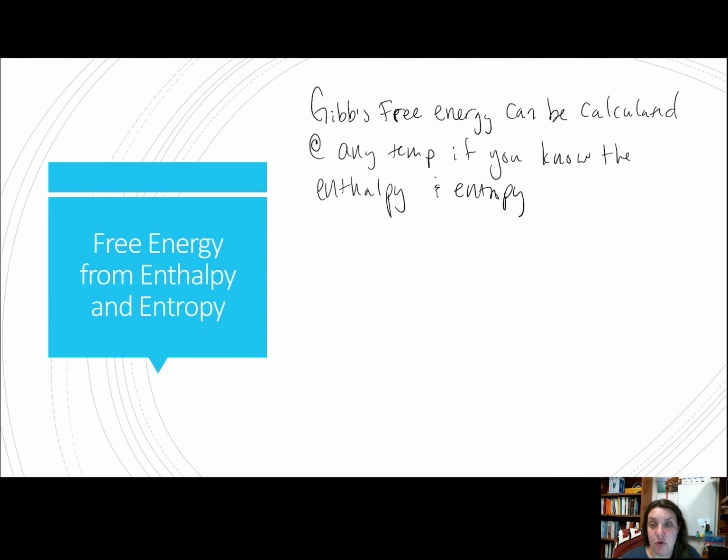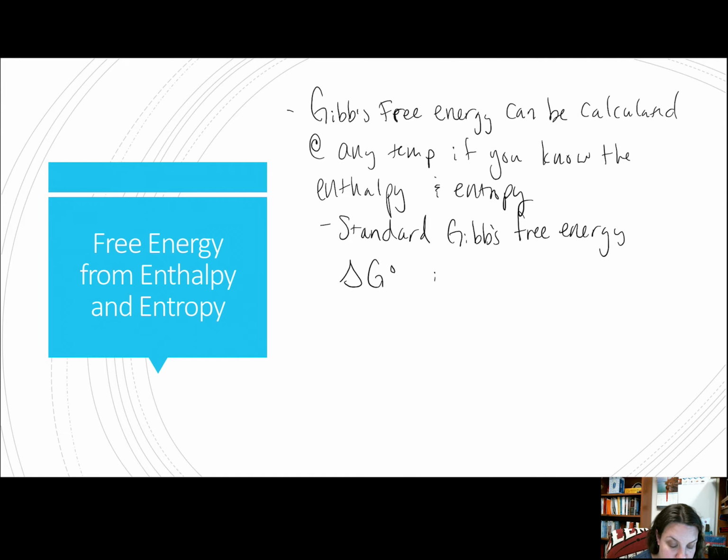But of course we also use a standard Gibbs free energy as well for this, delta G naught. That's at 1 atmosphere and 25 degrees Celsius, right? So, just as a note, if we have a delta G of our reaction less than 0, it is spontaneous.